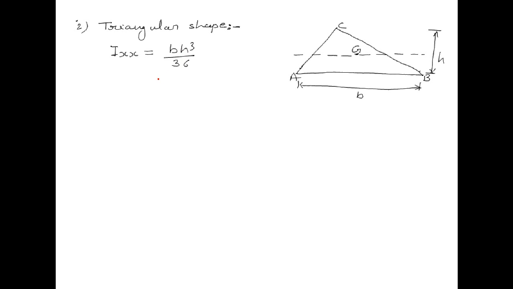Now if we want to find out the moment of inertia of this triangular section about the base AB, this is IAB equal to bh³/12. So this is the formula of the moment of inertia for the triangular shape. Now the third shape I'm taking is the circle or a circular section.